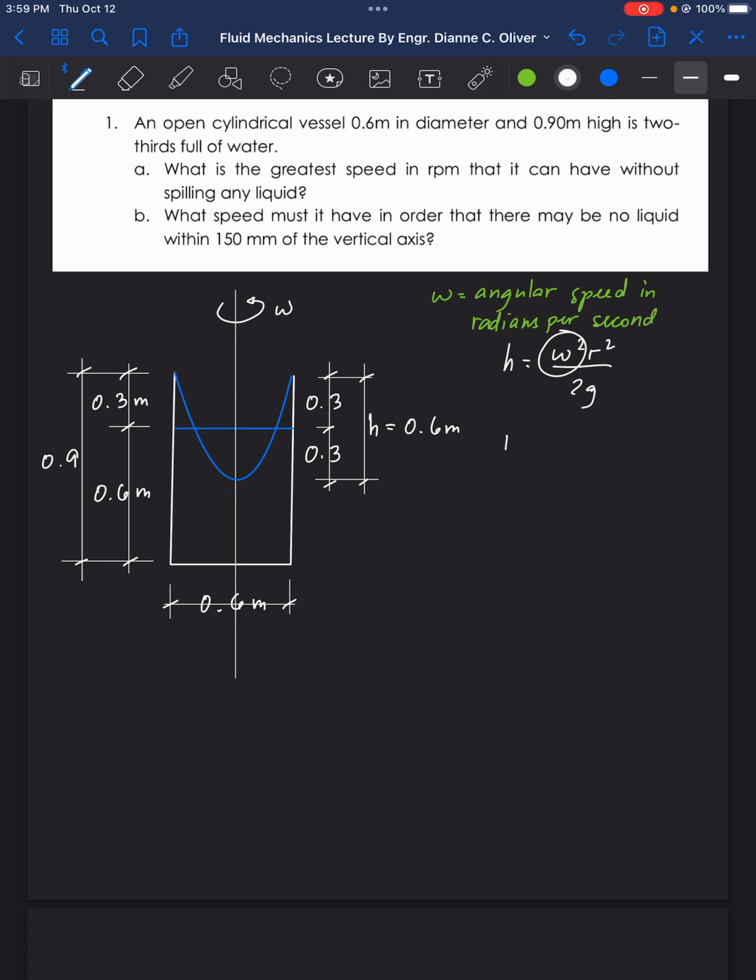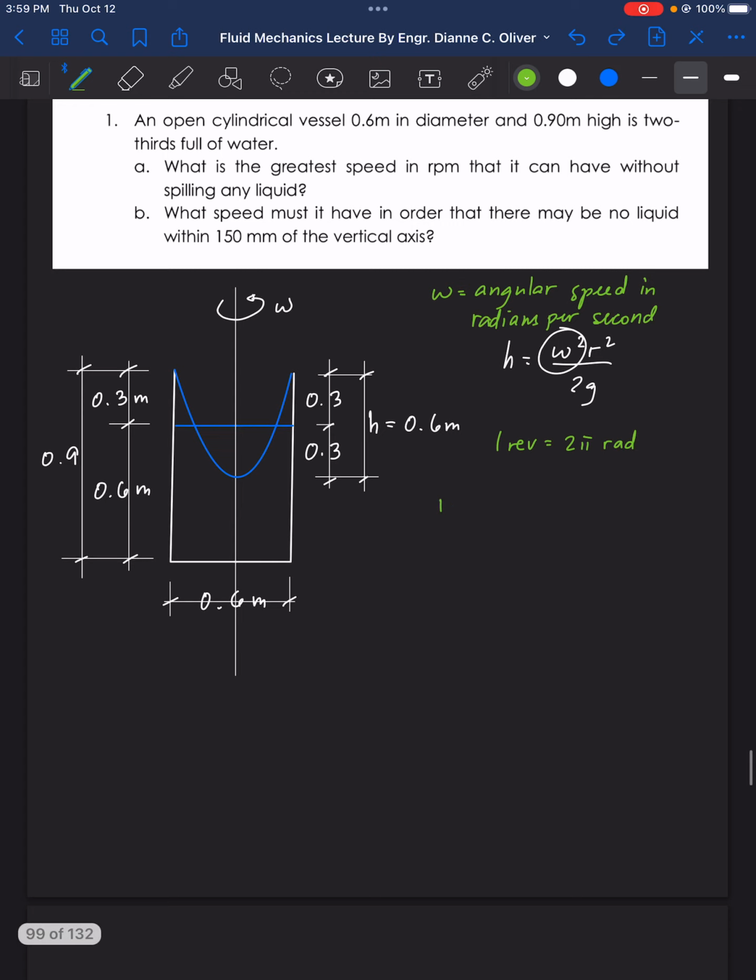So 1 revolution is equal to 2 pi rad. Now 1 RPM is equal to 1 revolution per minute multiplied with 2 pi rad in 1 revolution, and we have here 1 minute per 60 seconds.